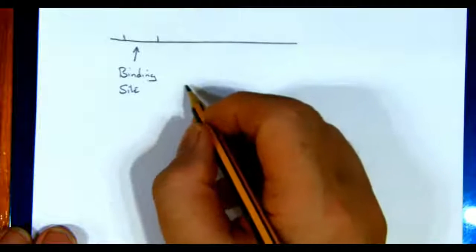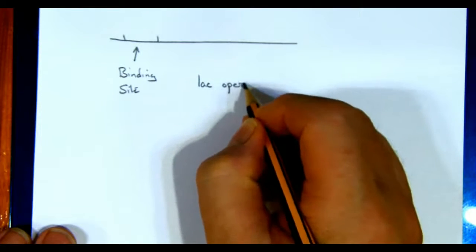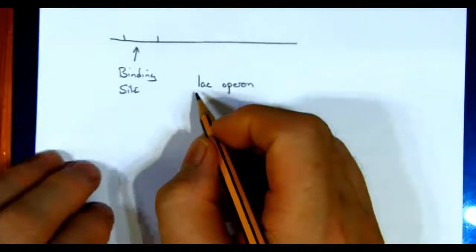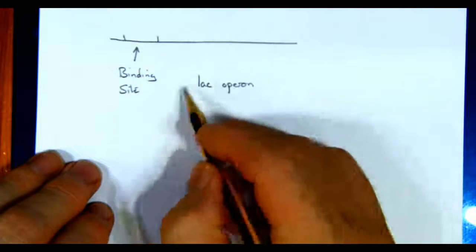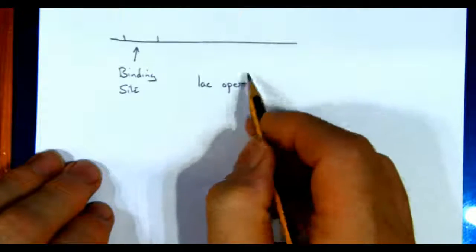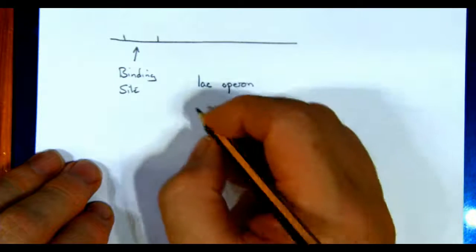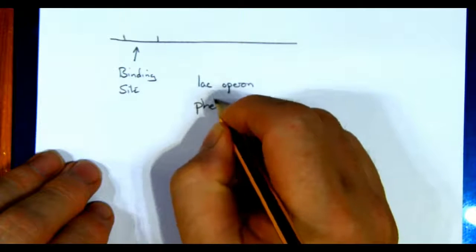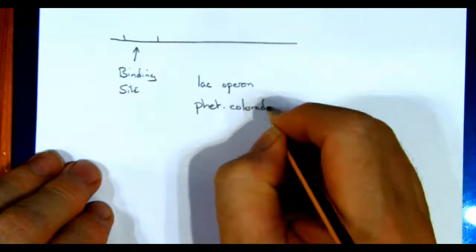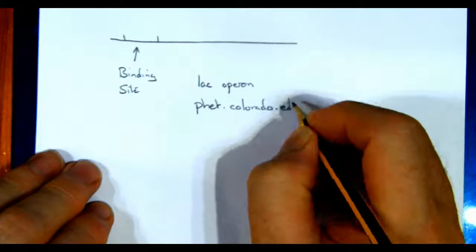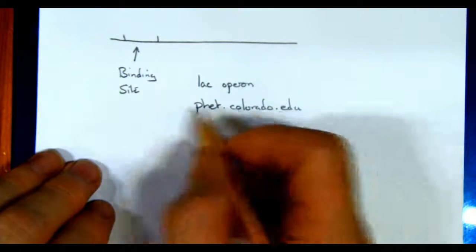And you can look at this with something like the lac operon. There is a very good simulation of this done by fet.colorado.edu. On their website they've got lots of simulations, and I'll put a link at the bottom to help you.